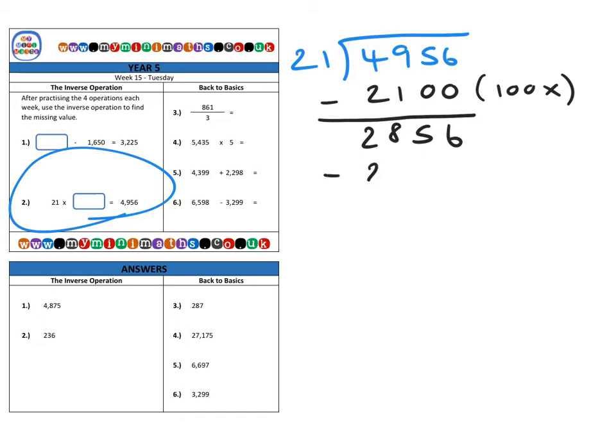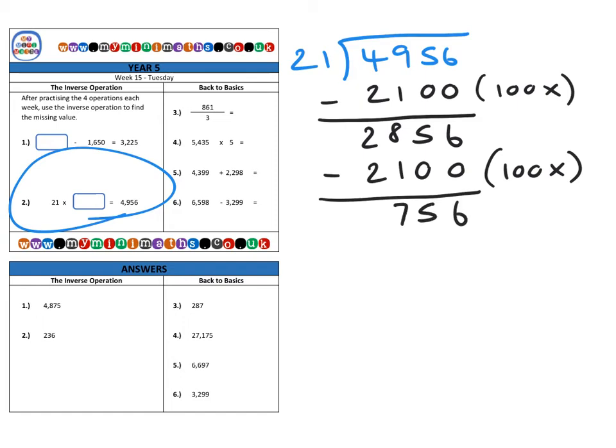If I take away another 2,100 sweets, which again makes 100 bags altogether, then I have 756 sweets left. And I can keep taking away my sweets until I have nothing left in the box.